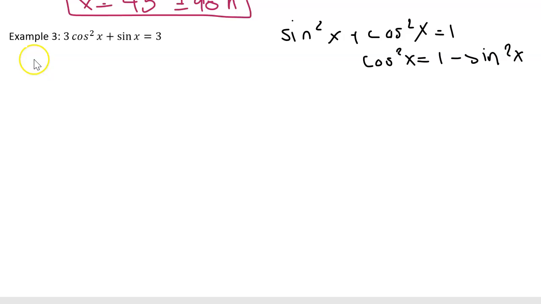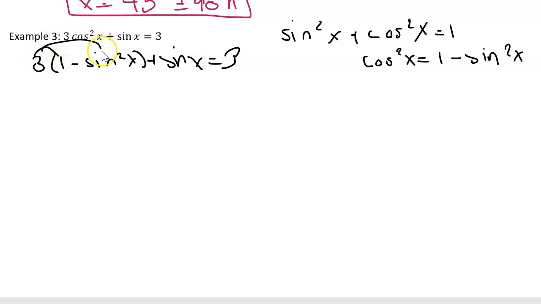Over here, we're going to get 3 times the quantity 1 minus sine squared x, plus sine x, is equal to 3. Distribute your 3 to both terms in your parentheses.